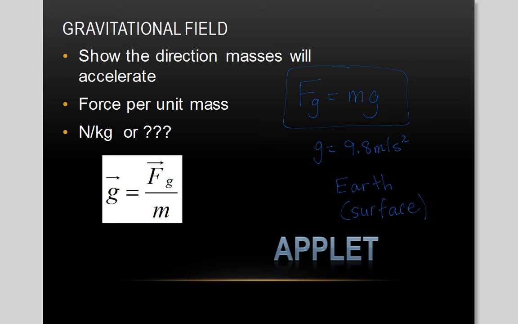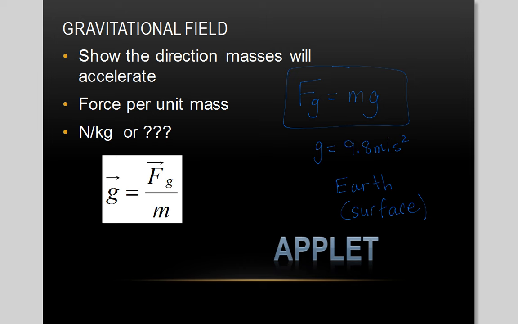Okay, so g is special to whatever mass is producing the gravitational field. Now if you look at the units, F is of course in newtons, and mass is in kilograms. So you could change newton to the standard units, and it would cancel out.